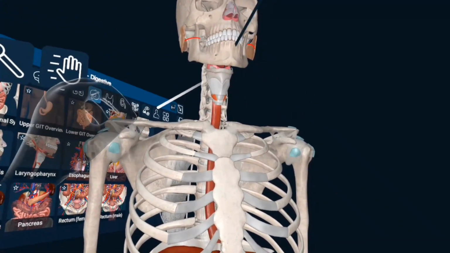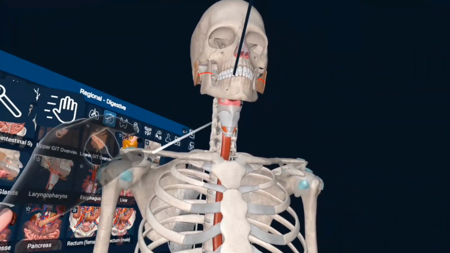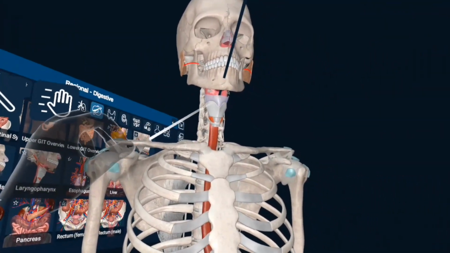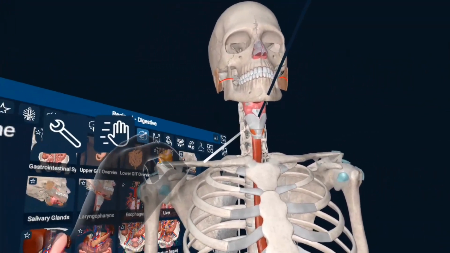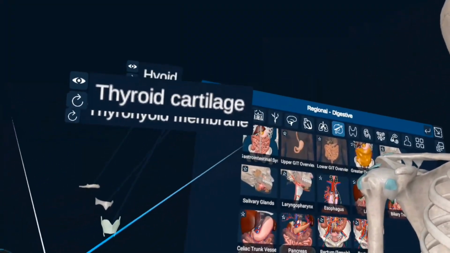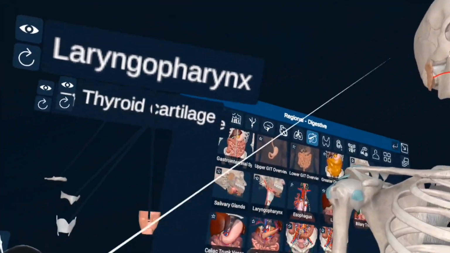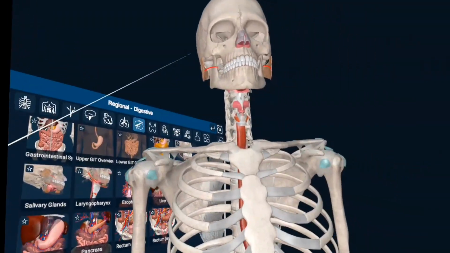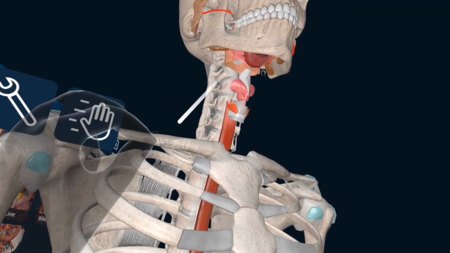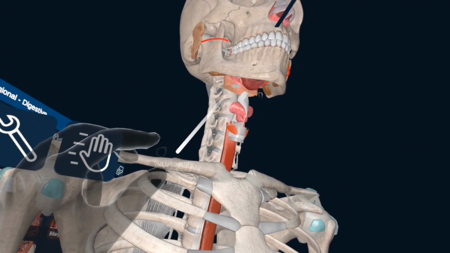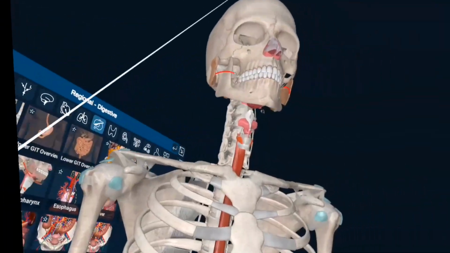So pharynx is right over here. Obviously this is our hyoid bone. If we remove our hyoid bone, this is the thyroid membrane. This is the thyroid cartilage. And right over here, this is our laryngopharynx, which is also a part of the pharynx. Right over here is our oropharynx, for example.